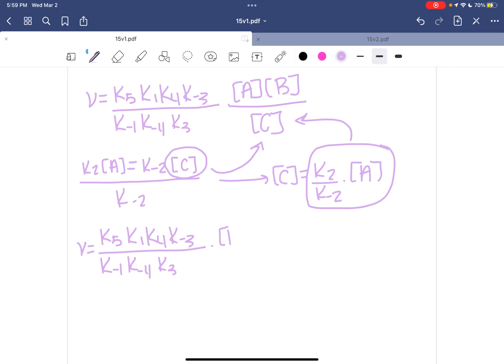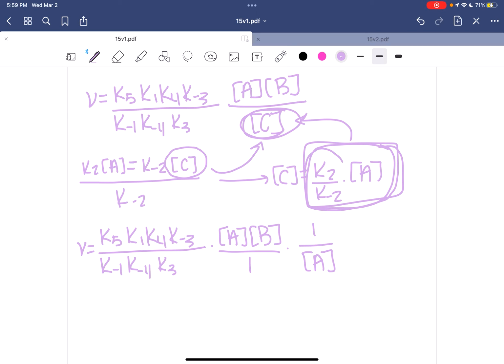We have A times B on the top, and now I'm just going to put that over 1. It's going to be multiplied by the inverse of this because that concentration of C was on the bottom of the fraction. So we have A on the bottom, we're going to keep that over 1, and then this fraction with the K values is going to flip. So instead of being K2 over K minus 2, it's going to be K minus 2 over K2.